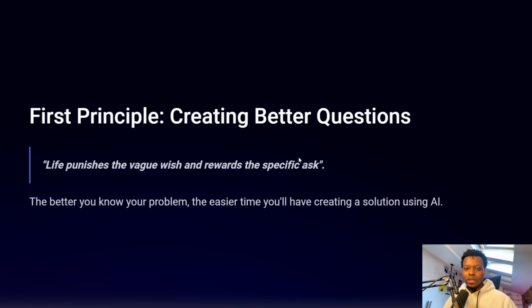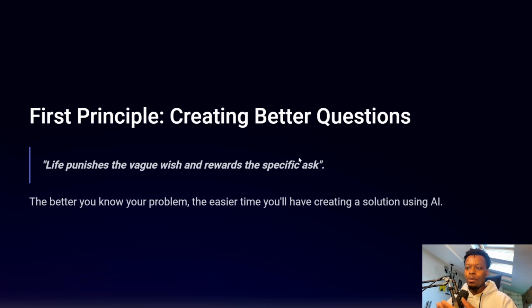So this entire thing is based on principles, and what I'm going to do as I go through this is basically just discuss them and break down what they mean, because they are the underpinning of every single method that I'm going to talk about moving forwards. And the first of that is creating better questions. So life punishes the vague wish and rewards the specific ask.